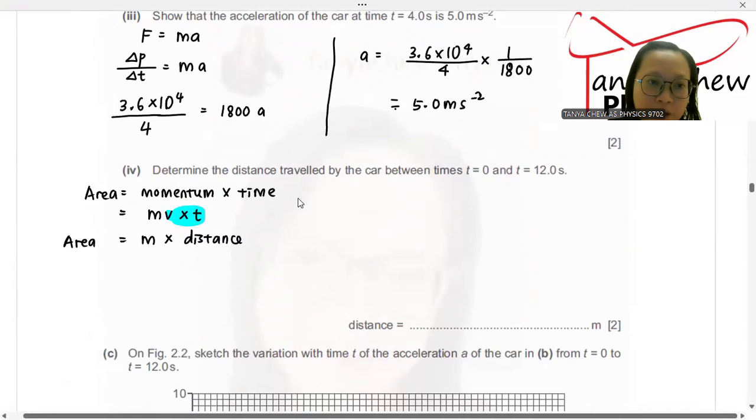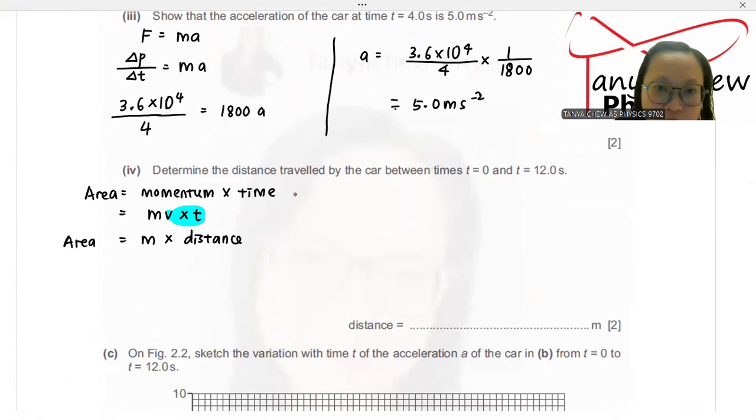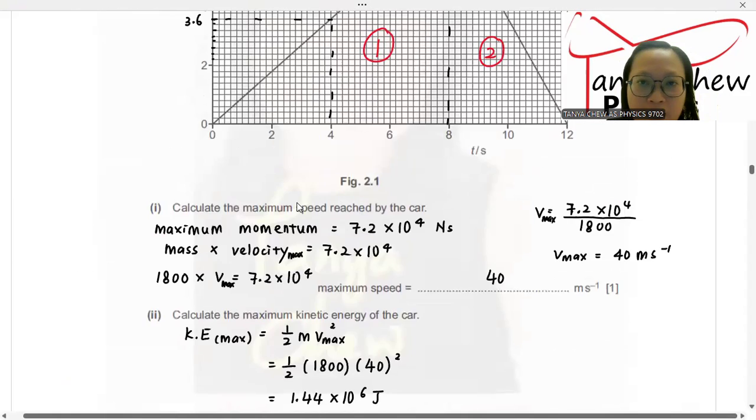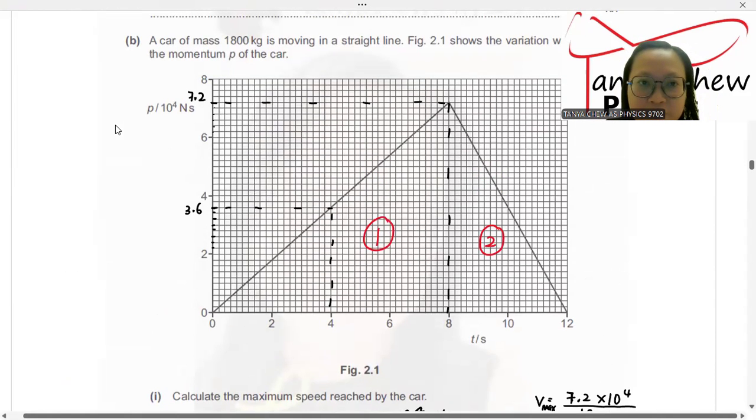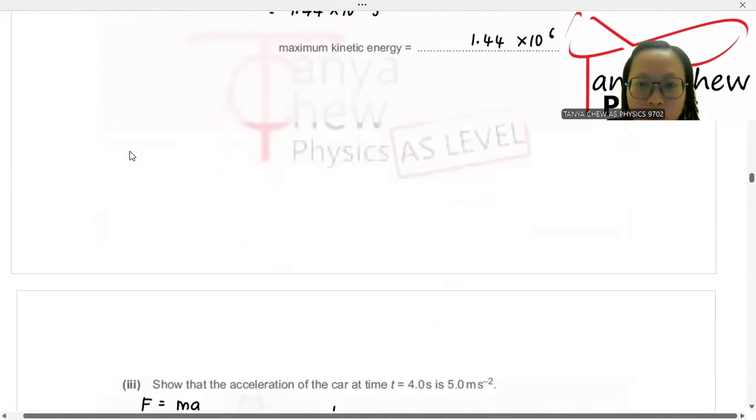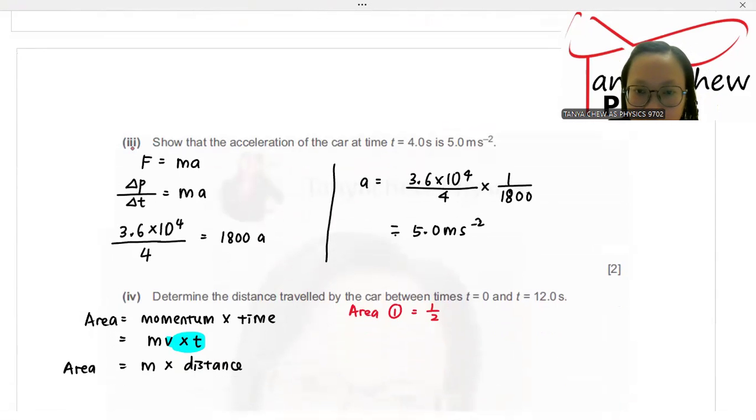So area 1 is equal to half multiplied by 7.2 times 10 to the power 4, multiplied by 8.